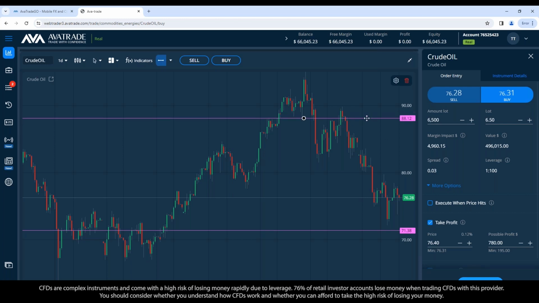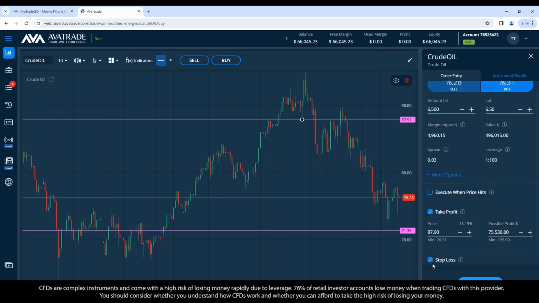We could even be less aggressive and come down and say 87.9, which is just before this resistance level. So take profit 87.9. And so this isn't on data that we know.